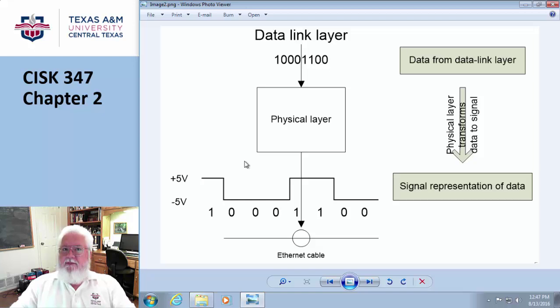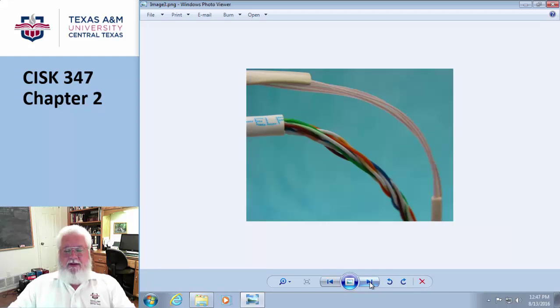They kind of dig a little deeper. On page 46, they go into a little bit more detail about copper wire. The first one they talk about is unshielded twisted pair, UTP. This is a category. They have category 1, 2, 3, 4, 5, 6, 7, and most people just pronounce it cat. So this is like a cat 3 cable here.